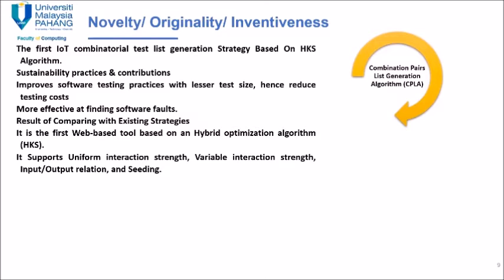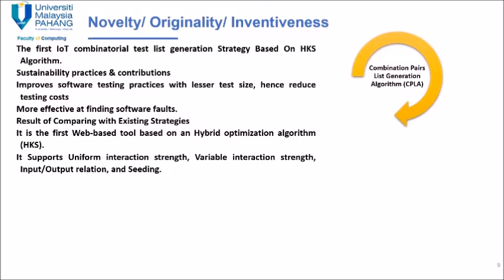It is also a sustainable and practical contribution to testing. It improves software testing practices with less testing size, hence reduces the testing cost. It is more effective at finding software faults based on the combination between the system inputs, and the results of comparing with the existing strategies are very promising. It is the first web-based testing tool based on an optimization algorithm.